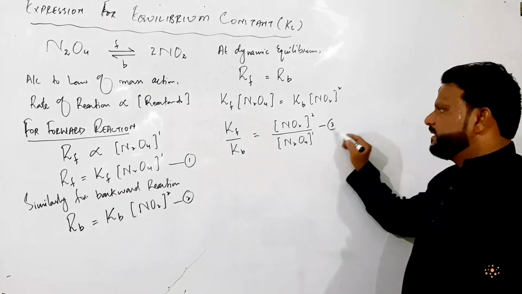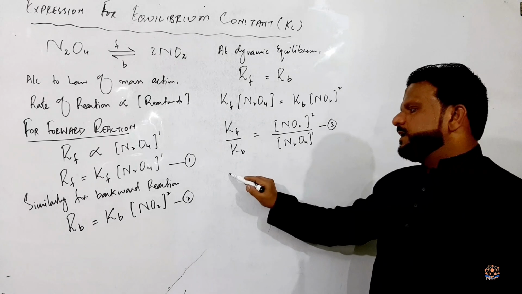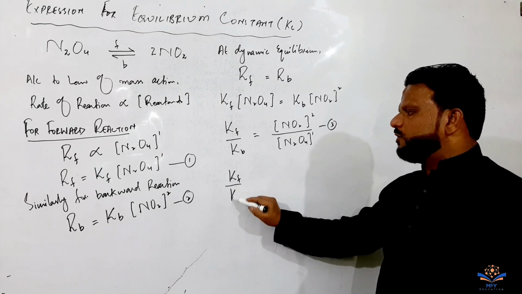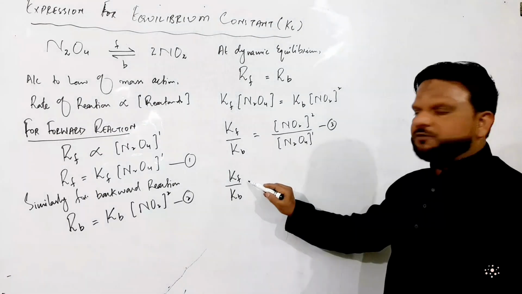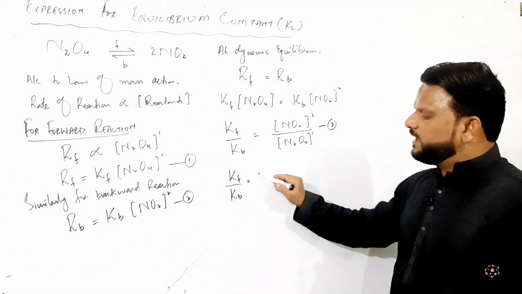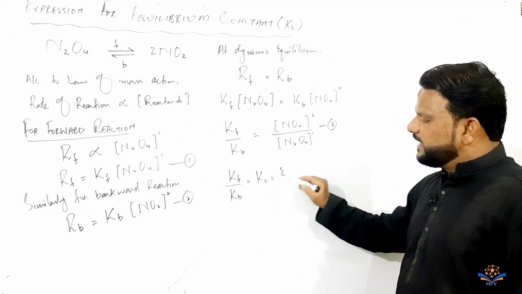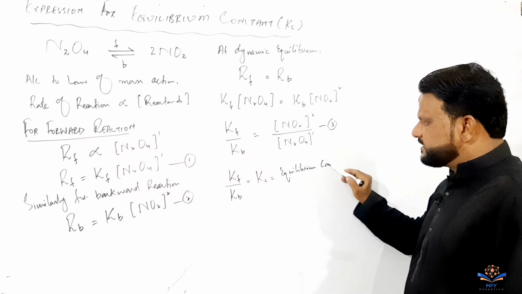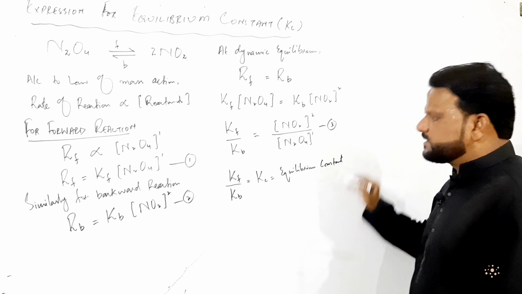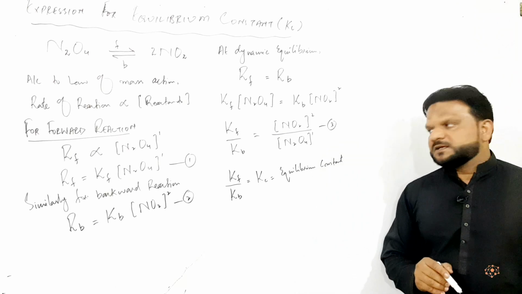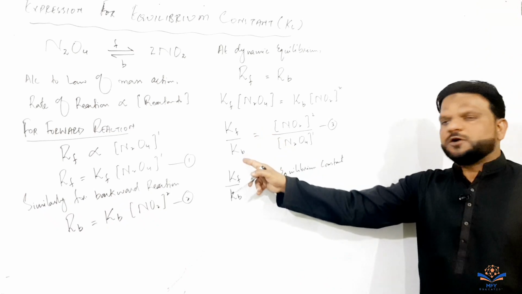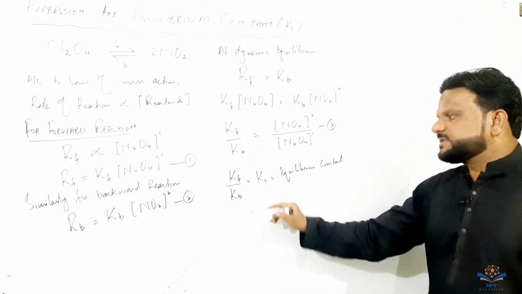Equation number 3. Here the ratio between constant for forward reaction to the constant for backward reaction is always equal to constant quantity, which is called Kc, equilibrium constant. This is called Kc, that is equilibrium constant. Now replace ratio of constant for forward reaction to the constant for backward reaction by Kc.